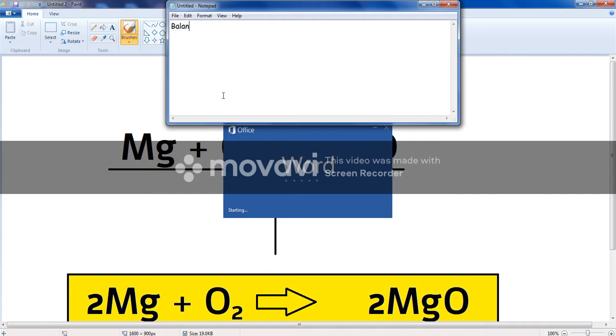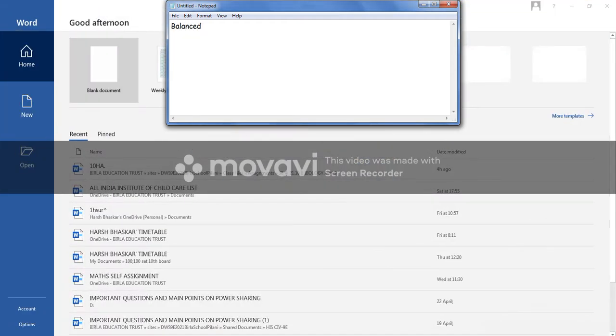A balanced chemical equation has equal atom number on both sides.